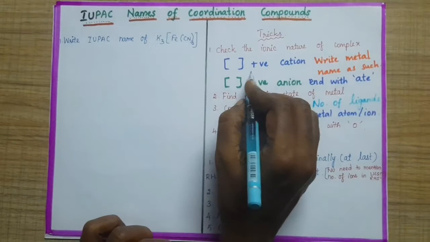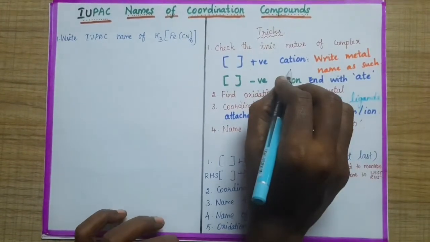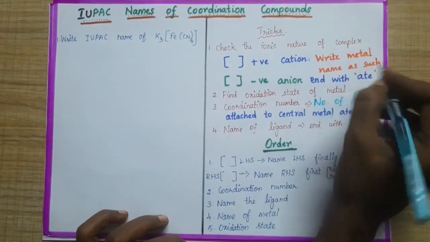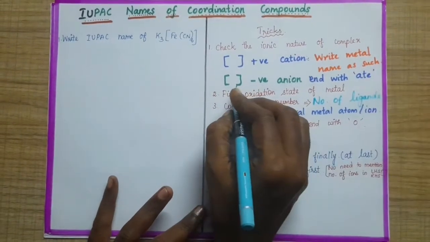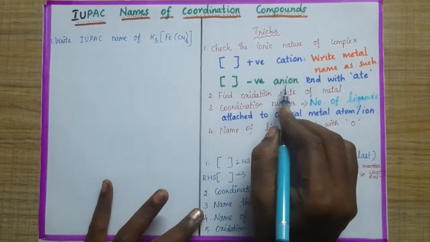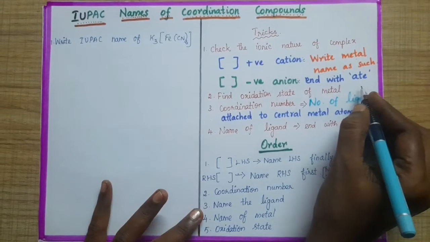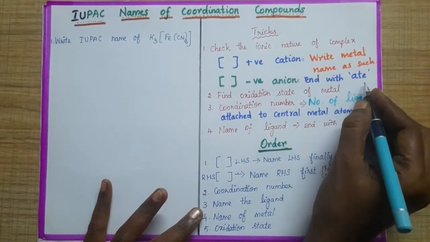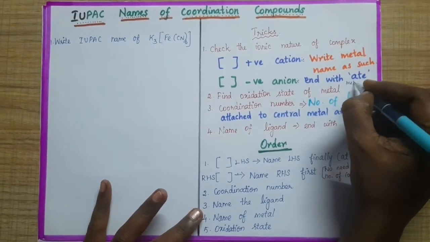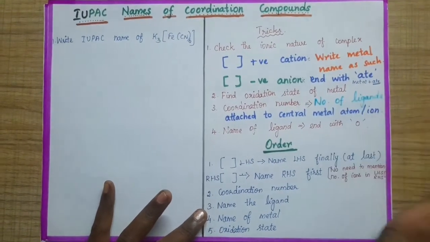If it is positive, then it is called a cationic complex. If it is a cationic complex, you can write the metal name as such. If the square bracket is negative, then it is an anionic complex. Then you have to end the name of the metal with ATE. It is nothing but the name of the metal plus ATE. You have to add ATE.